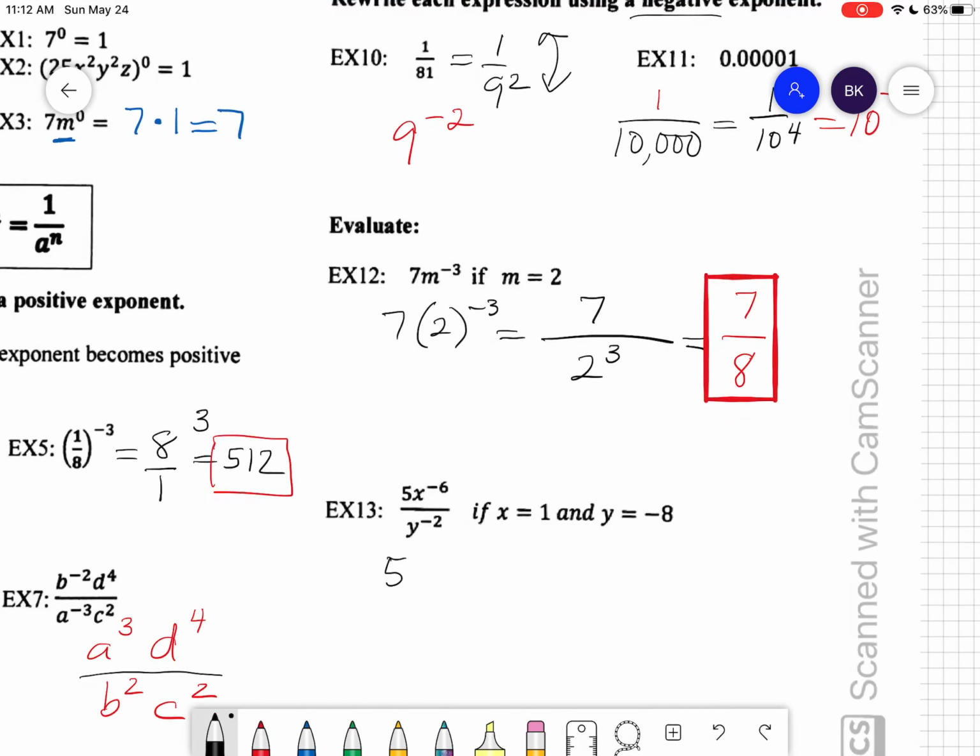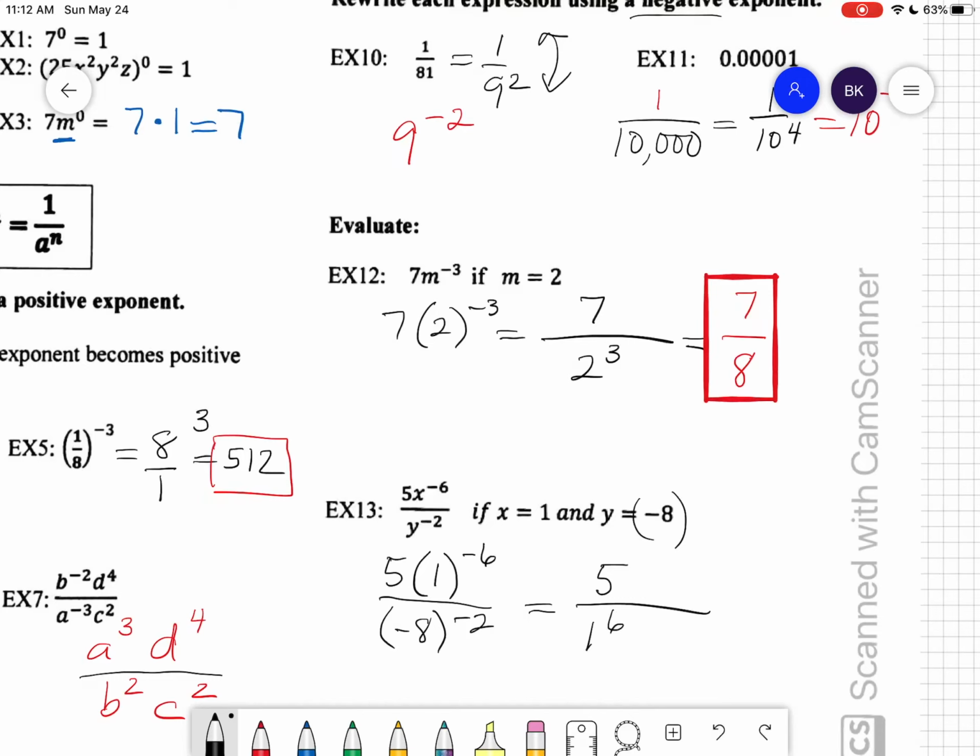And last example, again, I'm doing the same thing. Plug it in. 5 times x is 1, so 1 to the negative 6, over y is negative 8. I'm going to put it inside of the parentheses like Mrs. Boone told me to do. Negative 8 raised to the negative second power. Okay, fraction bar in the answer. Let's see what goes where. 5 stays at the top. 1 to the negative 6 goes to the bottom and becomes positive.